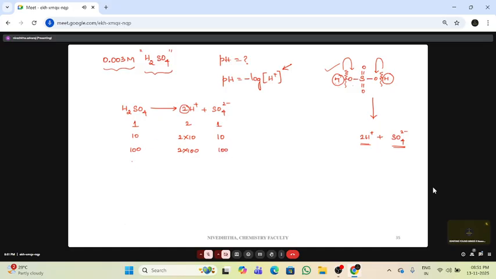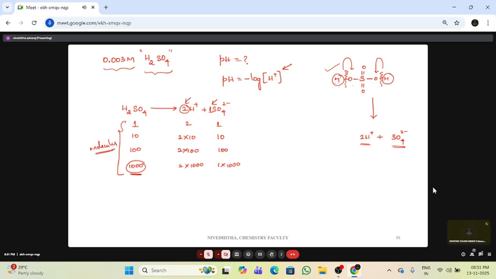So basically, for 1000 molecules, what is the trend here? I'm just multiplying this number with this number, right, Mushkan? Yes, ma'am. And for SO4 2 minus, I'm just multiplying this number with this number, right? Yes, ma'am. So here I've given you the data in terms of molecules.